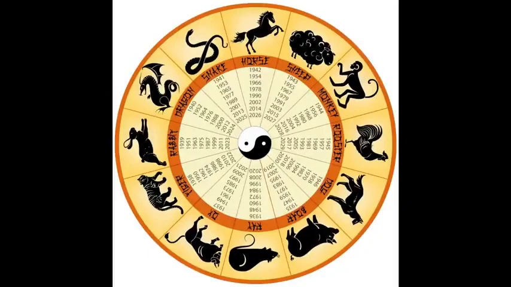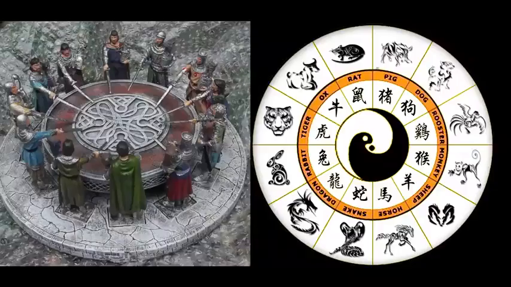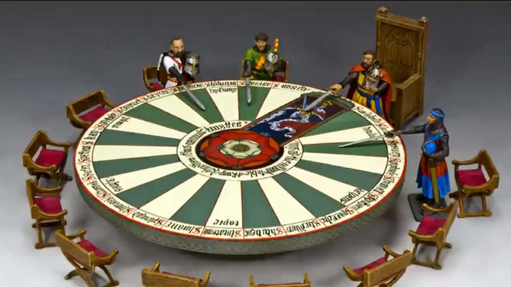The constellations of the dome or firmament circling the magnetic center, as do the yin-yang of the sun and the moon. King Arthur and the 12 knights at the Round Table.